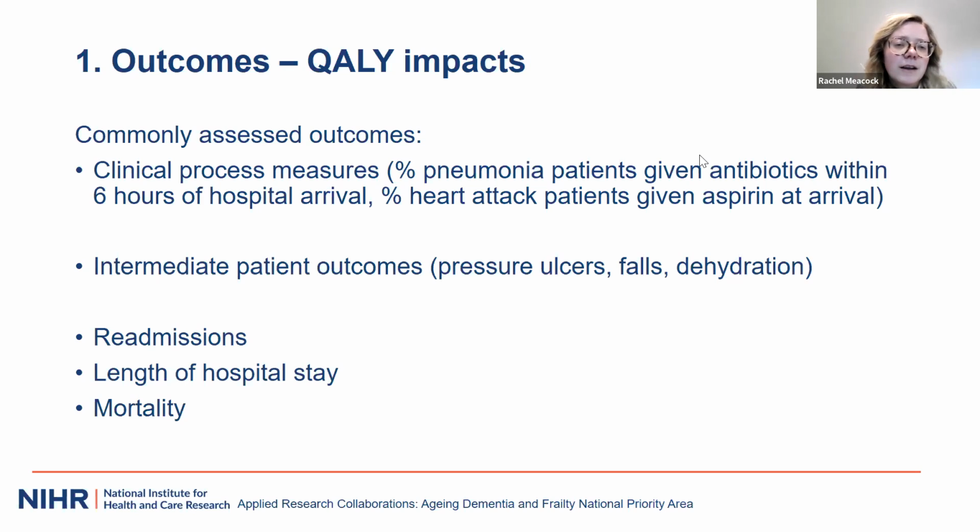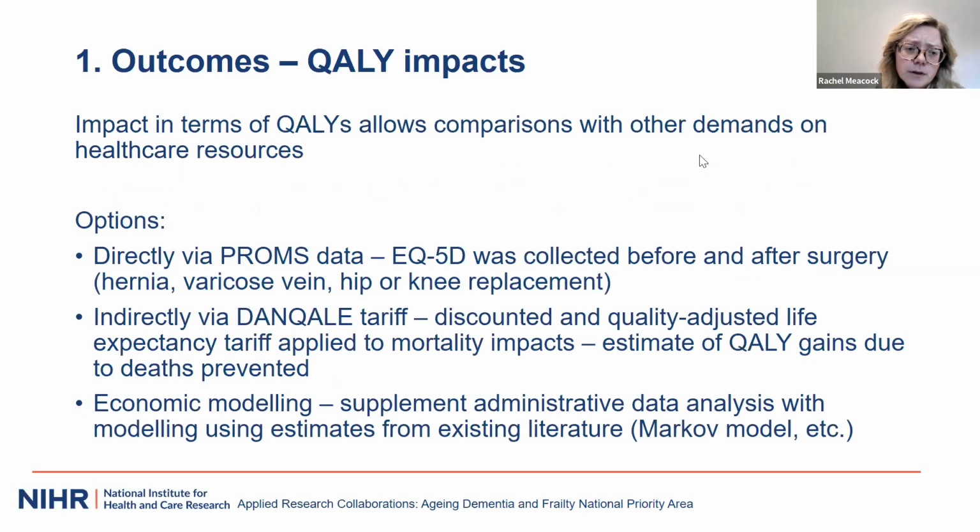When we are relying on this secondary data, we often have to do with what we've got, and these are easy to calculate with the hospital data that we tend to have available. Information on mortality is also often available, and obviously such an important outcome, so we'll quite often look at that.